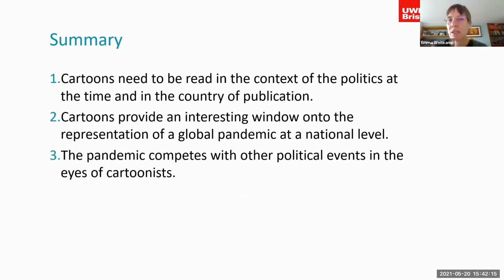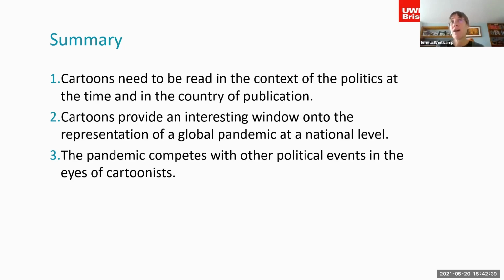Other things that we've learned, very importantly, are that those cartoons really do need to be read in the context of the politics at the time and the country of publication. You can't just pick up a cartoon and read it. You need to know about that country, their politics, and even the politics of the newspaper to an extent to be able to understand those cartoons.